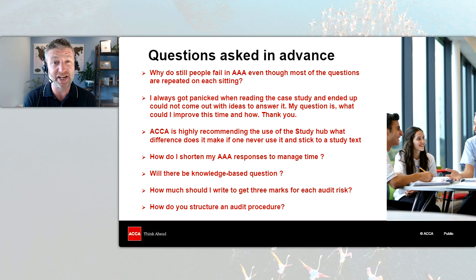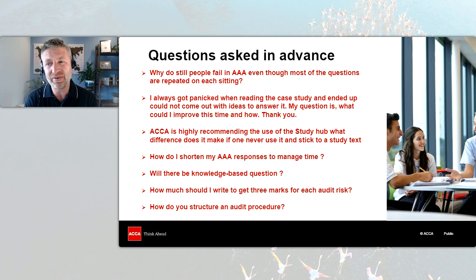Sometimes they're using a different format, and that different format is saying inventory has been identified as a significant risk of misstatement. So telling you inventory is a problem, and then saying, can you explain why, based on the scenario?